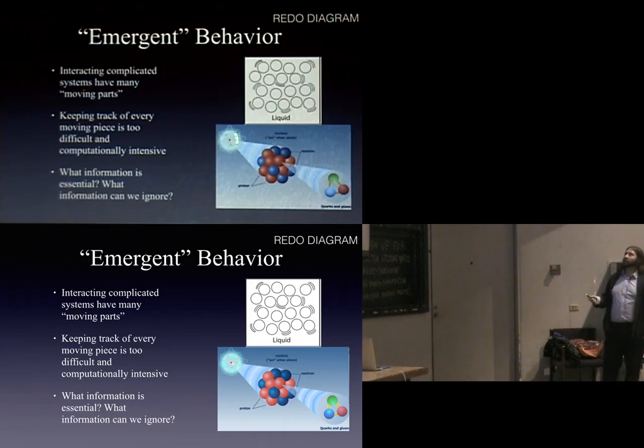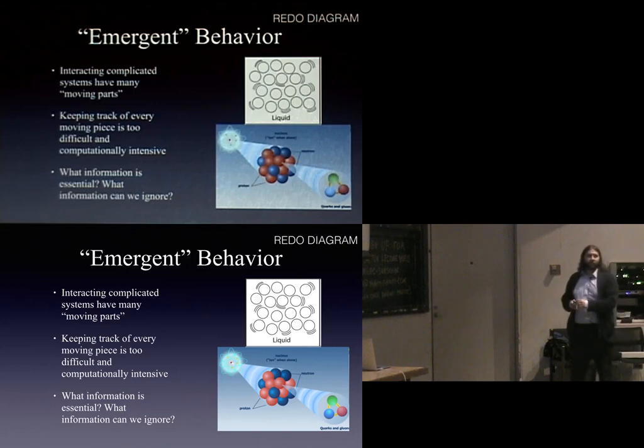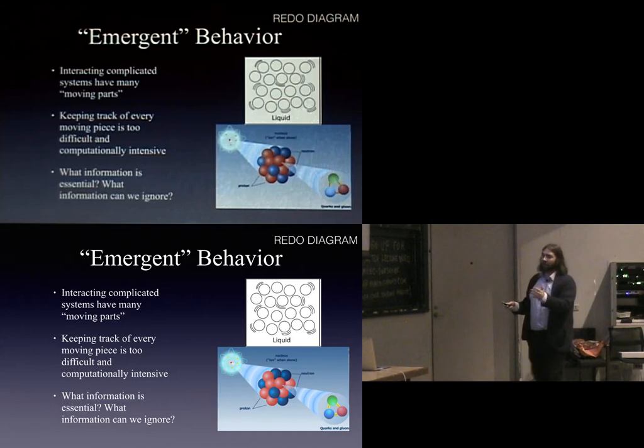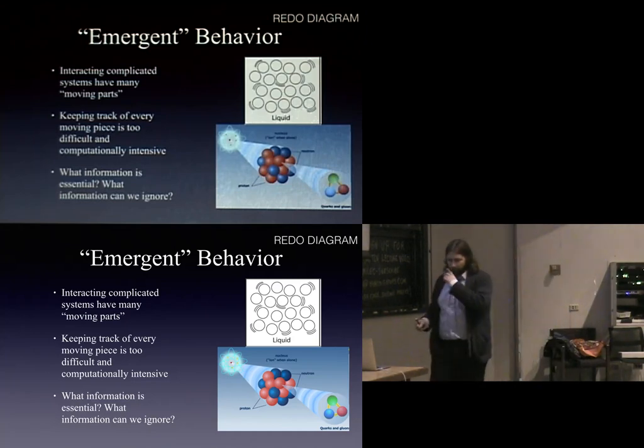But if I'm interested in some simple atomic physics, like the spectrum of a hydrogen atom, I don't need to keep track of all these details. I can simplify my model and say that the nucleus of a hydrogen atom is essentially a single proton that's a point particle. I don't have to worry about the fact that it's made up of a whole bunch of smaller pieces. That's what I mean by when you can ignore things.